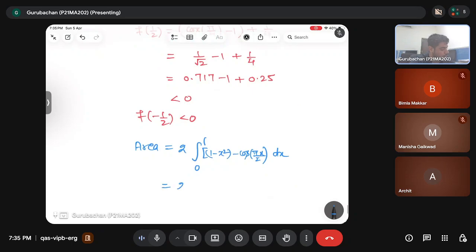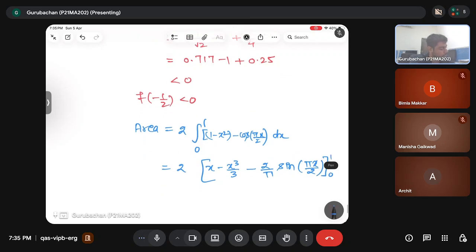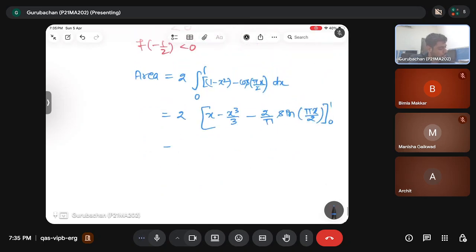So this will give you the value x minus x cube divided by 3 minus 2 by pi sine pi x by 2, 0 to 1. So this value will be 2 times of 1 minus 1 by 3 minus 2 by pi, and at 0 this will be 0. So from here it will be 4 by 3 minus 4 by pi.